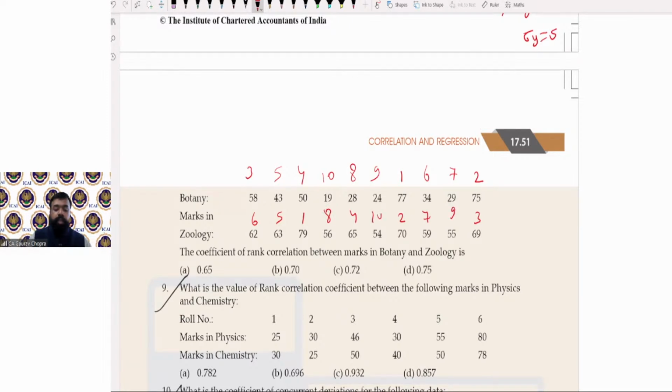Then 9, and then 10. So in this way, you can rank them, then find out the difference and apply the formula 1 minus 6 sigma d square upon n into n square minus 1. So in this way, you can calculate.